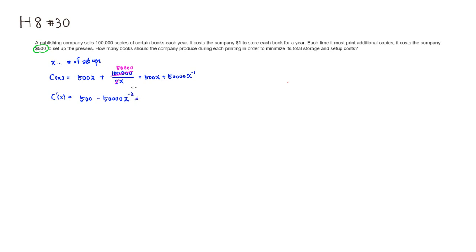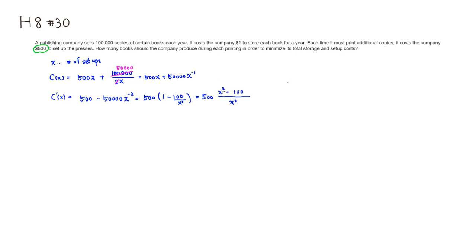First I'm going to pull out the 500. So it's going to be 1 minus, if you pull out the 500, you have 100 left over, over x squared. So this is 500 in front, and then I'm going to take the common denominator, x squared. So you have x squared minus 100.